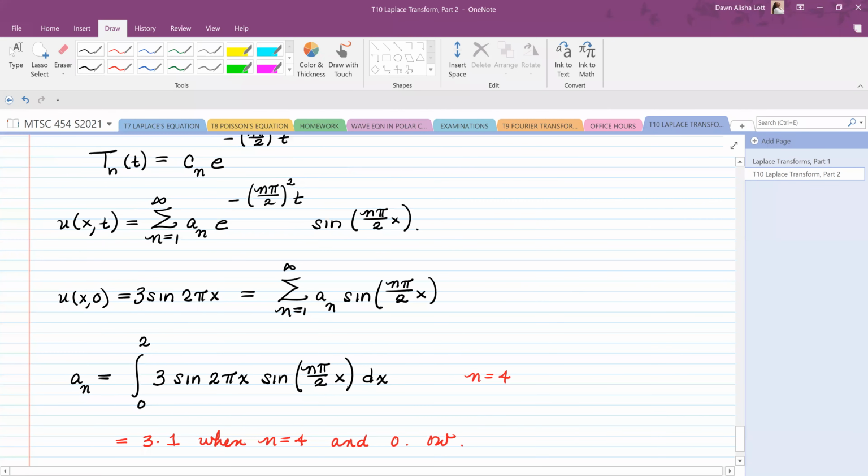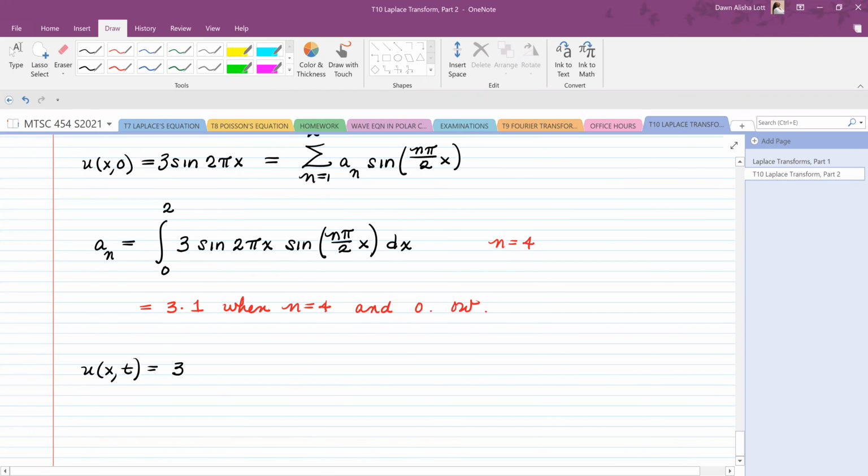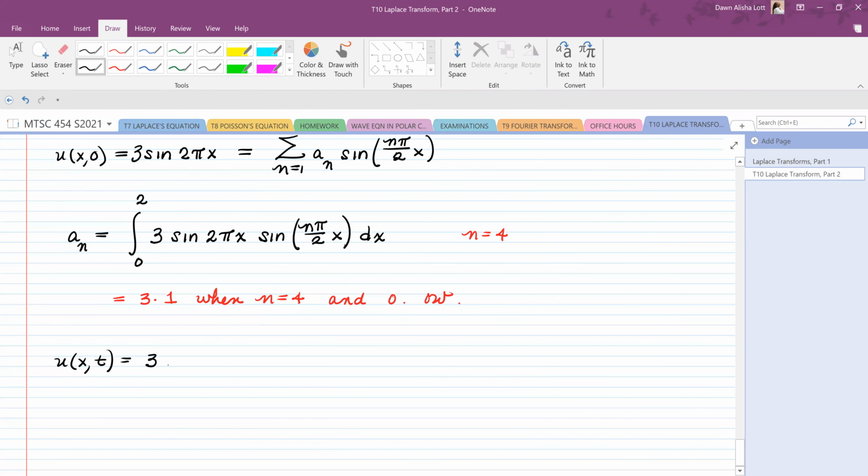So n is 4, so that's 3 e to the minus 2 pi squared t times the sine of 2 pi x. Okay, so that was separation of variables. All right, let's do Laplace transform.